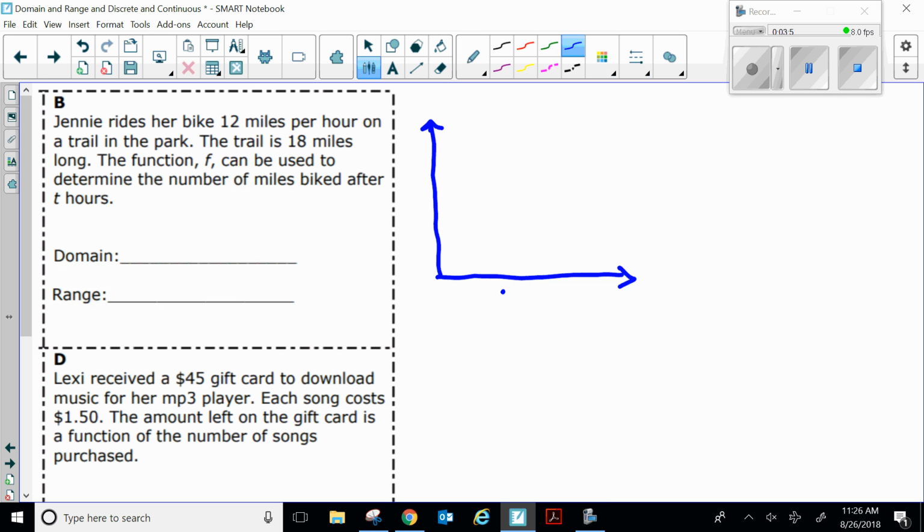And so here on my x-axis, I have my time. And on my y-axis, I have my miles. So if we think of the situation, if she's riding 12 miles per hour, at 0 hours, she's going to be at 0 miles. At 1 hour, she's going to be at 12 miles.